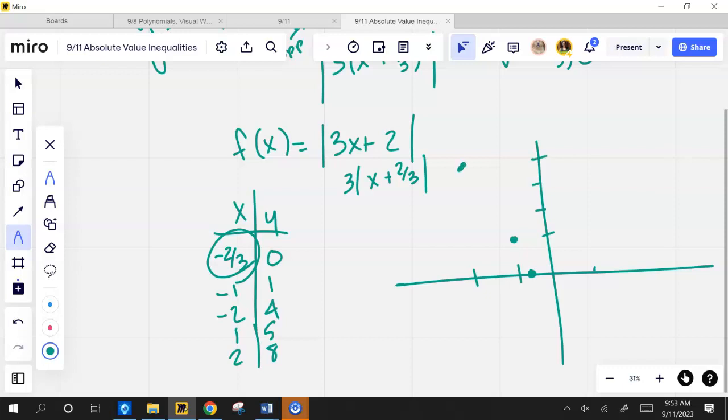You have some nice graph paper there that makes it a little easier to graph. And then, what did I mess up? 1, 5, and 2, 8.